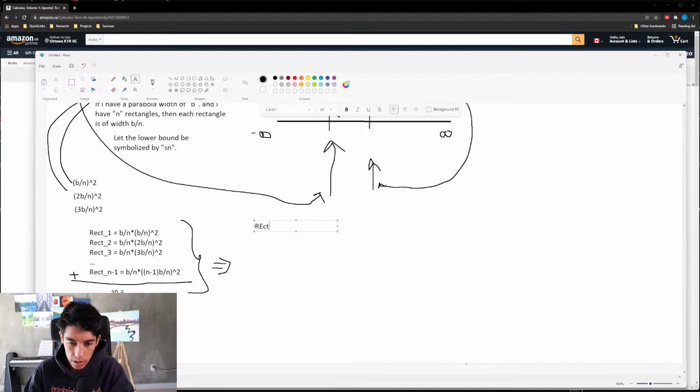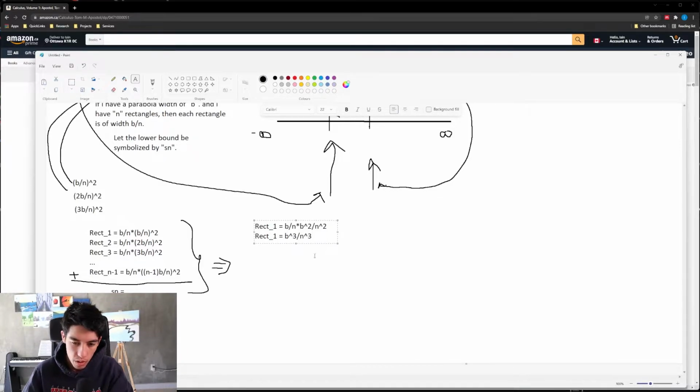So let's do that. Rectangle, and that will make it easier to add up is what I'm getting at. So b over n times b squared over n squared. And if we were to simplify this, rect 1 equals b cubed over n cubed, right?